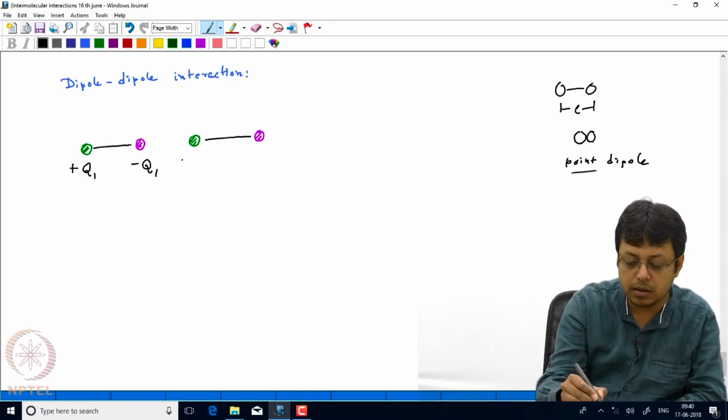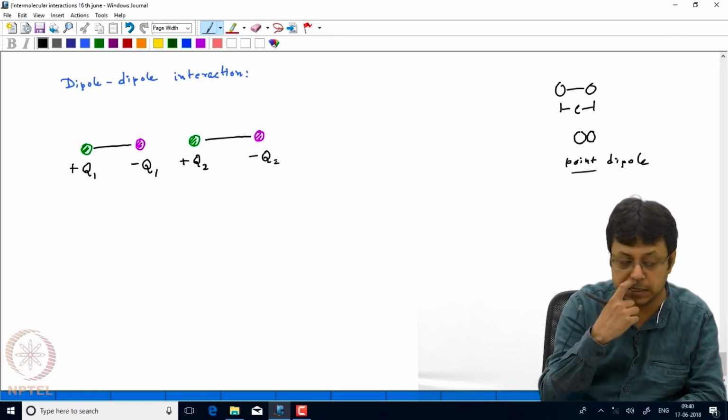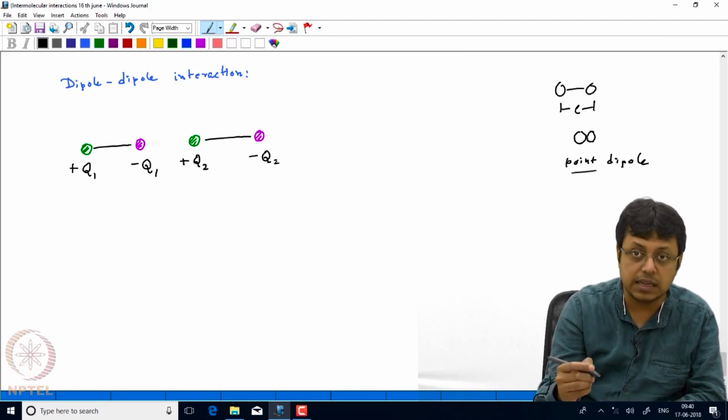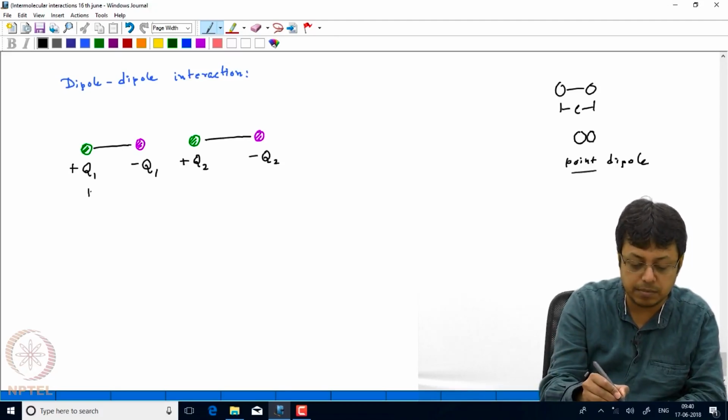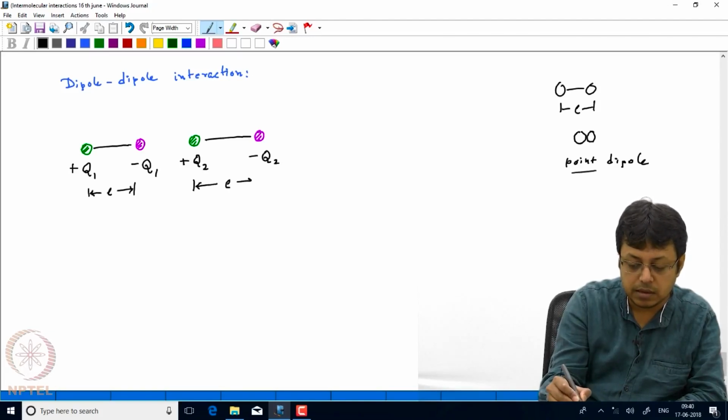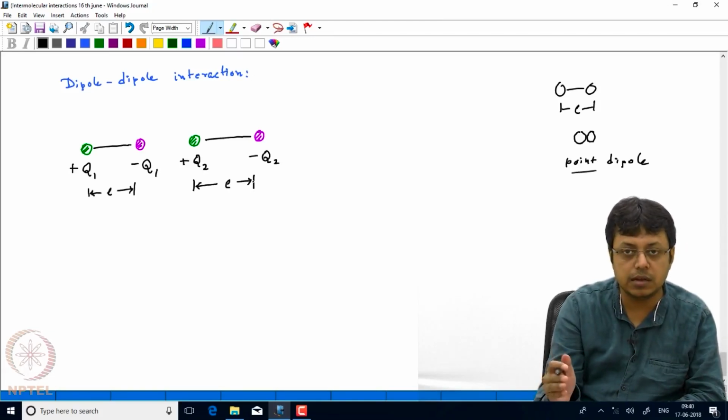where I have for the second dipole plus q2 and minus q2 as the charges. Let us also consider the lengths of the dipoles are the same, meaning this is L, and this is also L. This is just to keep the calculation simple.